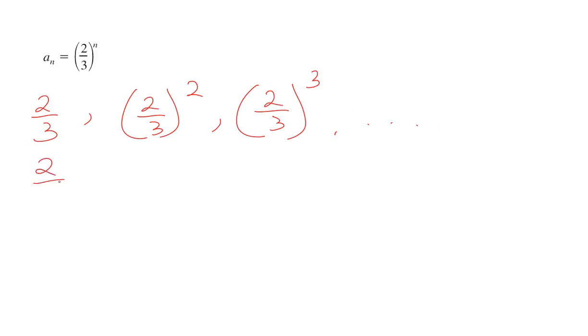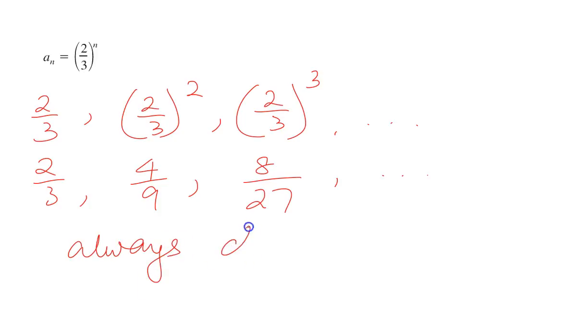This is 2/3. This is 4/9. This is 8 over 27. Right? So guys, always decreasing. It's always decreasing, guys, because the denominator is larger than the numerator. Always decreasing.